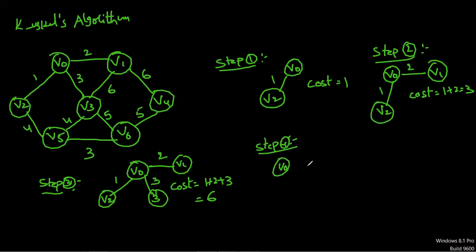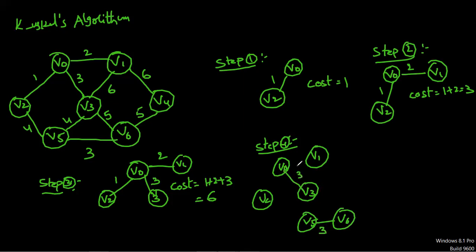V2, V3 and V5 to V6 with cost 3, 3, 2, 1.